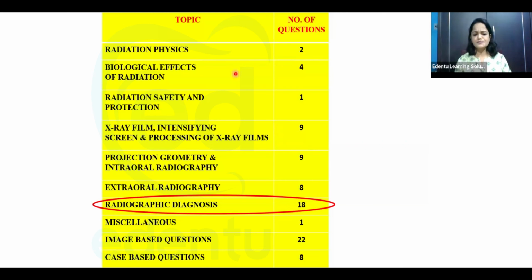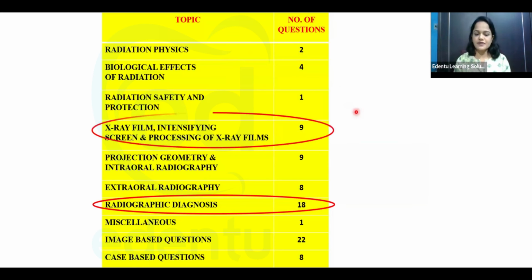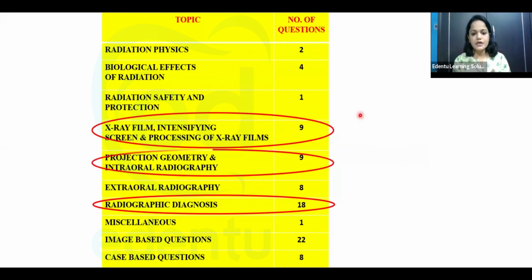After reading the basics of the radiation physics and the radiation biology, I will ask you to focus more on the radiographic diagnosis topic. The next more important topic is the X-ray film, intensifying screen and the processing of X-ray films, and also the projection geometry and the intraoral radiography.